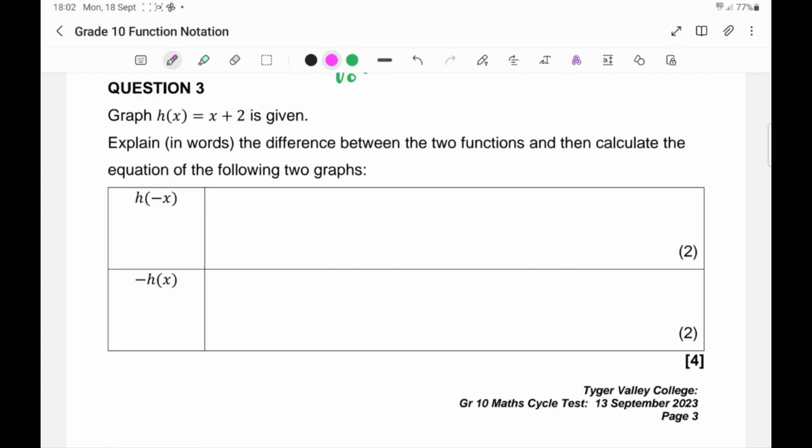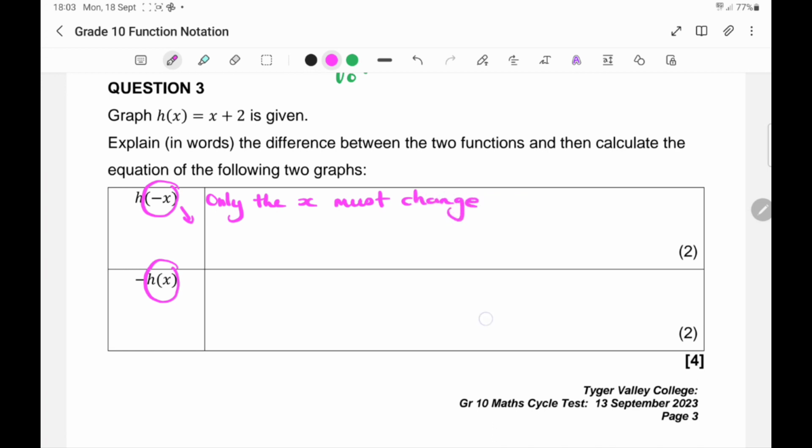Right, question 3. So graph h of x is equal to x plus 2 is given. Explain in words the difference between the two functions and then calculate the equation of the following two graphs. Okay, so what does it mean when the negative is inside the function or when the negative is outside of the whole function? So over here, do you agree? Only the x must change.